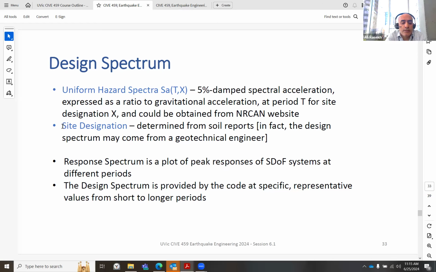However, something that I appreciated in the new website that we will look at is that the website also accepts the site designation as an input. Previously they gave it for some site class, C or site class D, and then you had to do some manipulation, multiplying by some factors to get it for your site class, which was prone to mistakes. Sometimes the structural engineer is not really too interested in that calculation, and then they make a mistake.